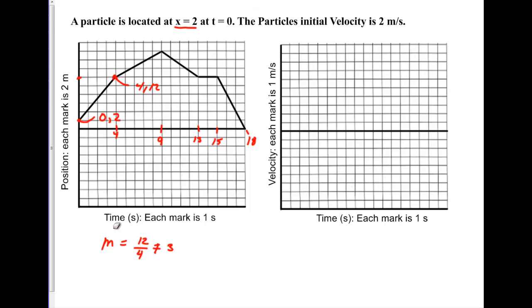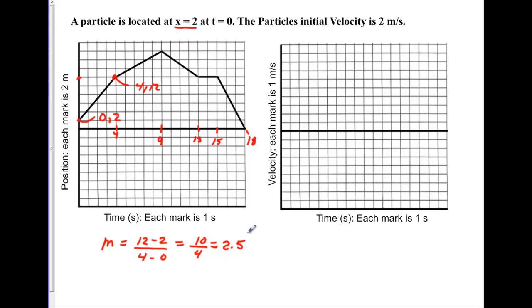So when you calculate the slope of this line, let's go back and fix this. It's going to be this value here minus this value here. So 12 minus 2 over the change in time, which will be 4 minus 0. That's going to give me 10 over 4, which is equal to what? 2.5, right?